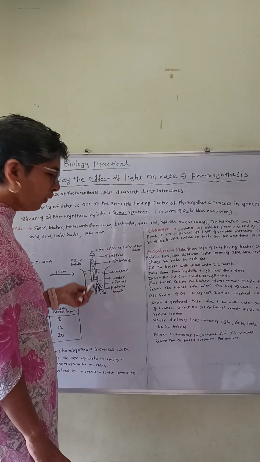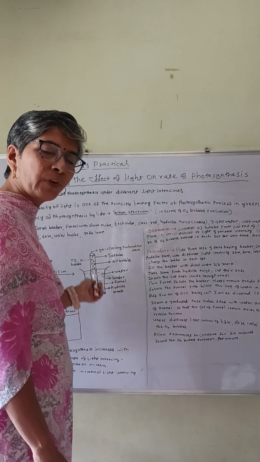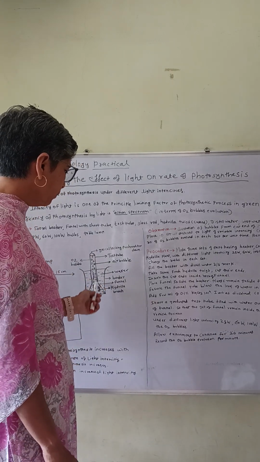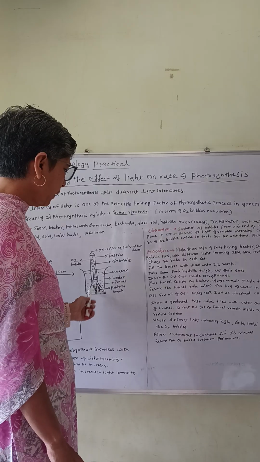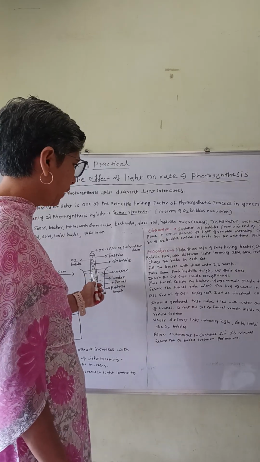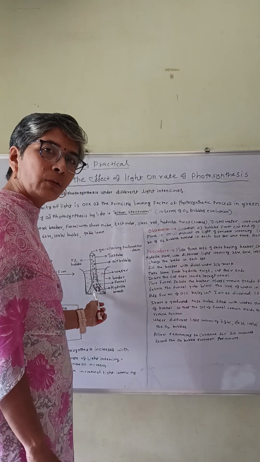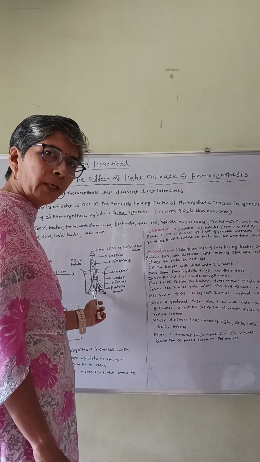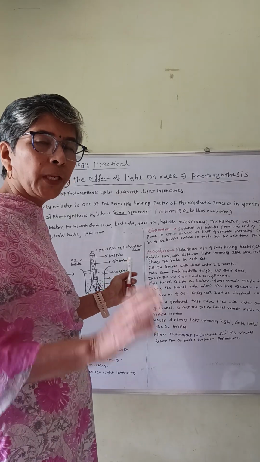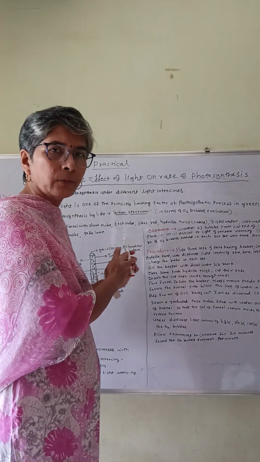The neck of the funnel is at the upper side, so the cut end of the hydrilla twigs should be at the upper end of the neck.